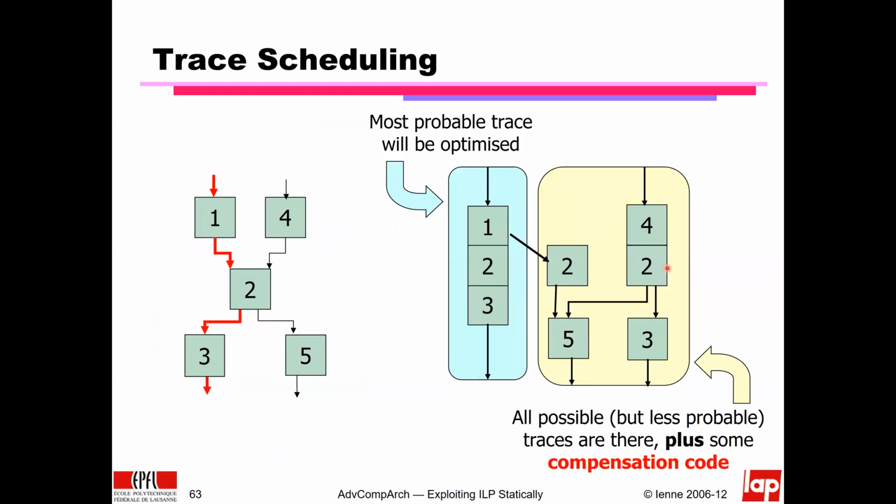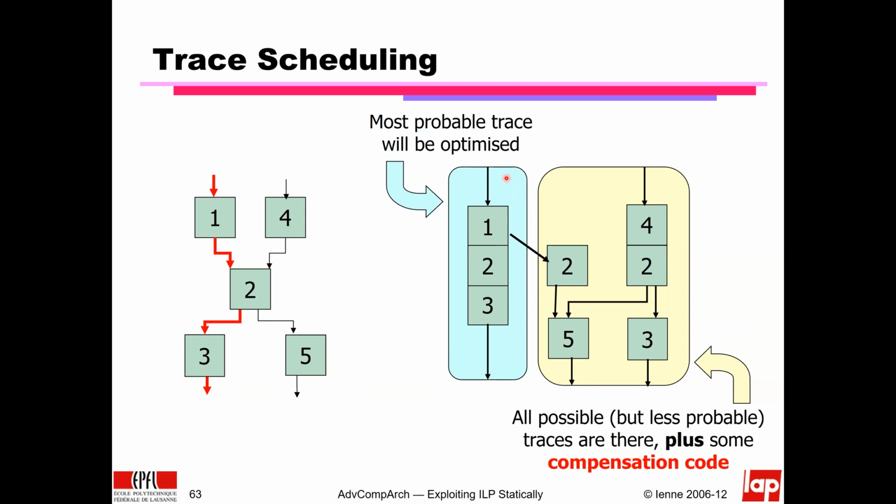The idea of trace scheduling is to do it recursively, right? And so you start taking the sequence of the basic blocks that you are more likely to follow. So it's not just about speculating this simple branch, but all the different paths, and you put together essentially all the basic blocks.